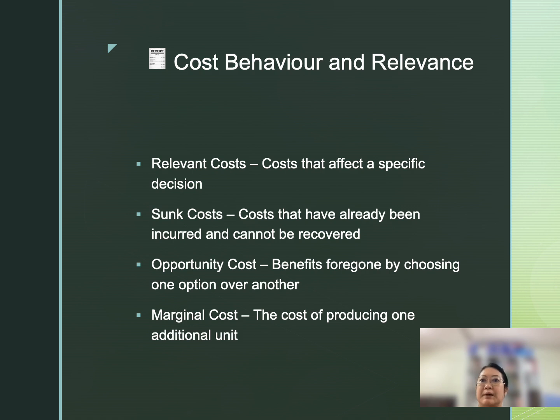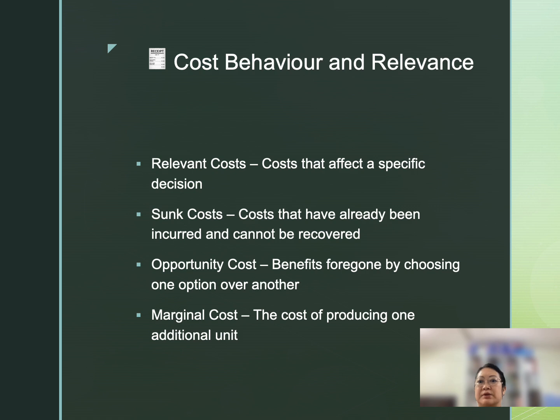Now, let's talk about how costs behave. Relevant costs are future costs that will change depending on the decisions you make. Some costs, on the other hand, are past costs that can't be recovered, so they should be ignored when making decisions.